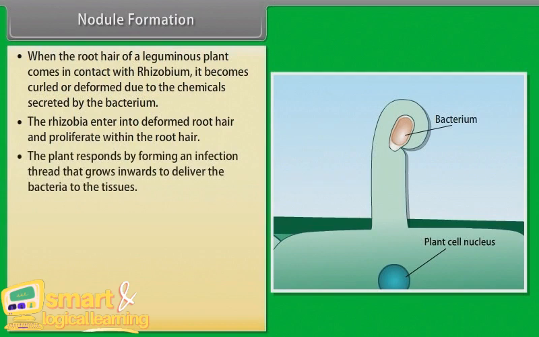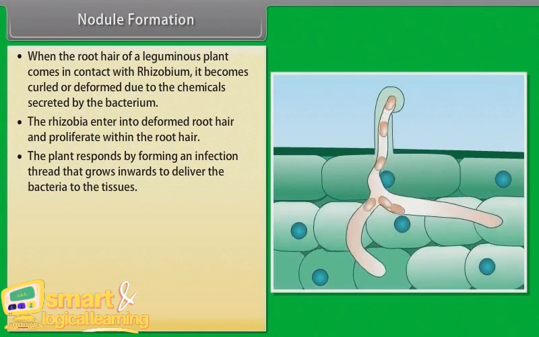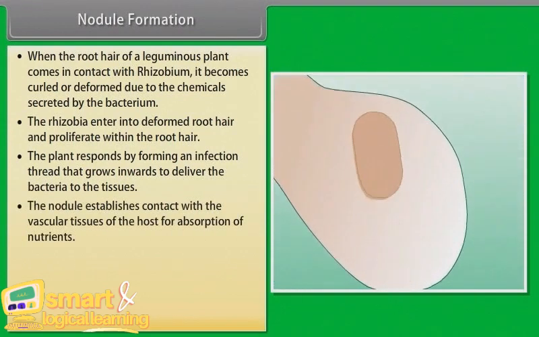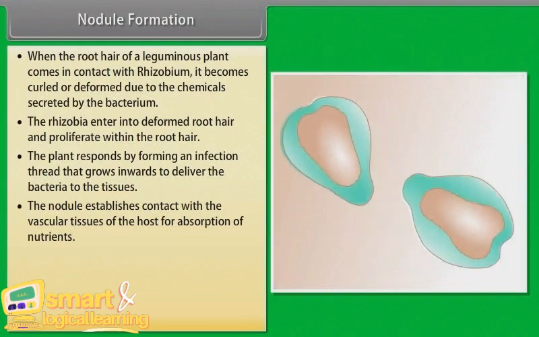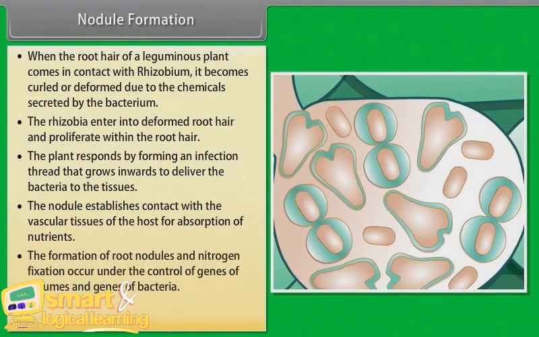The plant responds by forming an infection thread that grows inwards to deliver the bacteria to the tissues. The nodule establishes contact with the vascular tissues of the host for absorption of nutrients. The formation of root nodules and nitrogen fixation occurs under the control of genes of legumes and genes of bacteria.